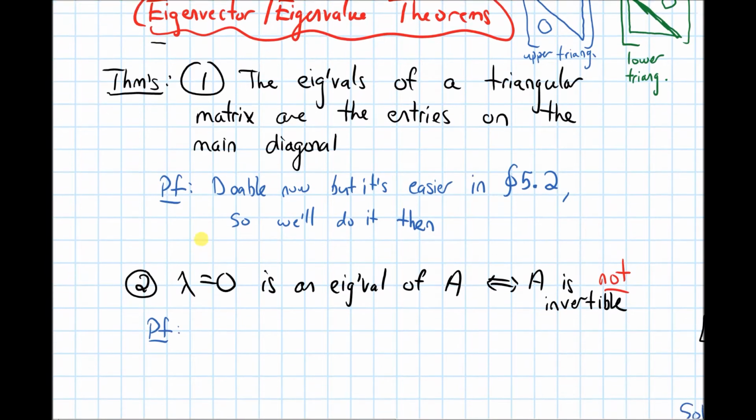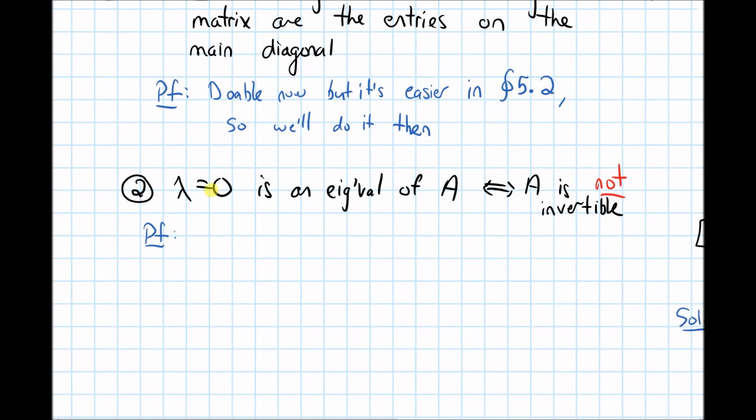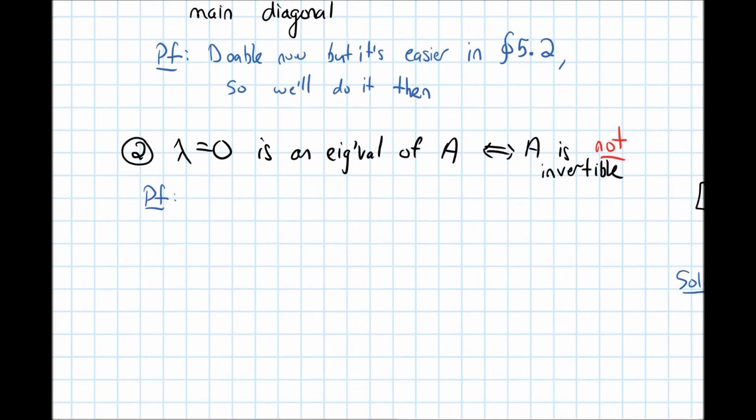Okay, and then the next theorem is that a matrix is not invertible if and only if the matrix has 0 as an eigenvalue. Let's talk about the proof of this.